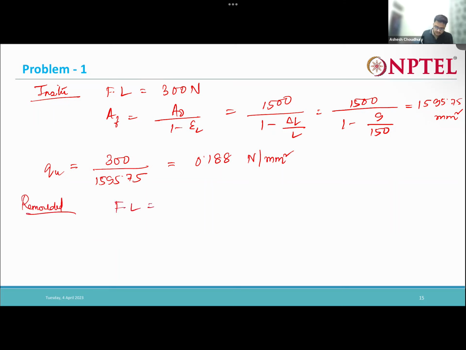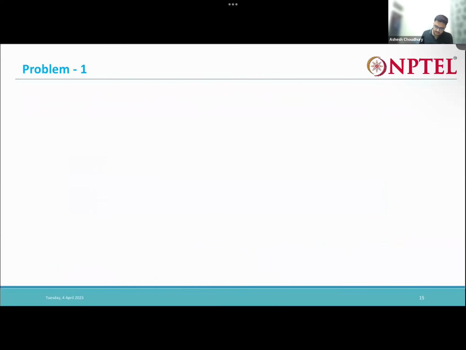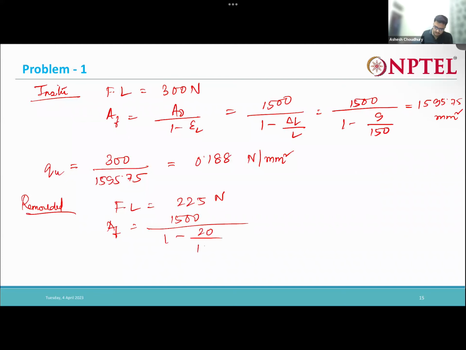My failure load was 225 newtons. Final area will be 1500 by 1 minus 20 by 150. It will be 149.